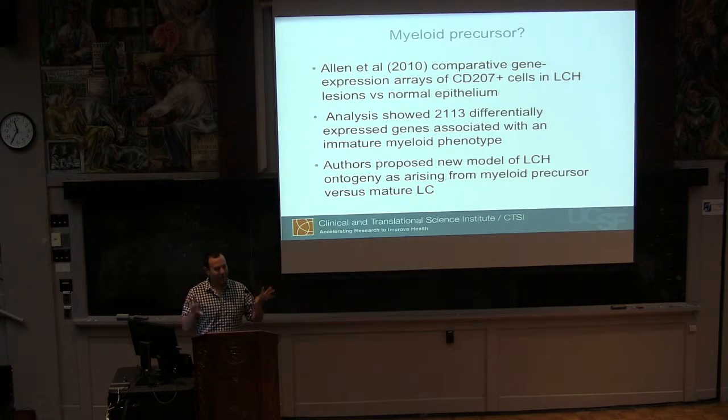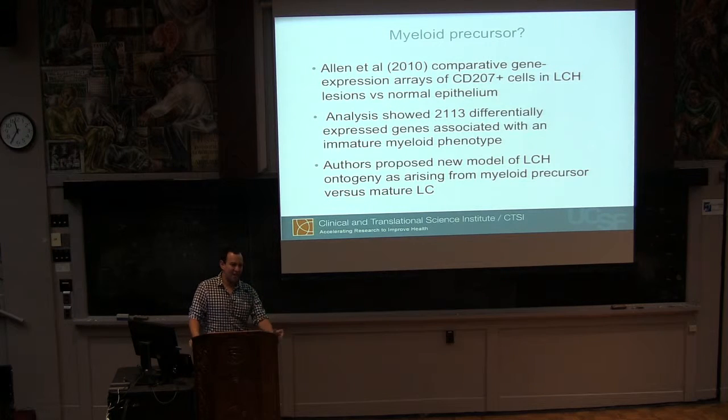They compared their gene expression using array-based technology. What they saw was that the genes the LCH cells were expressing seemed to group more closely with and resemble an immature myeloid phenotype rather than a Langerhans cell itself.